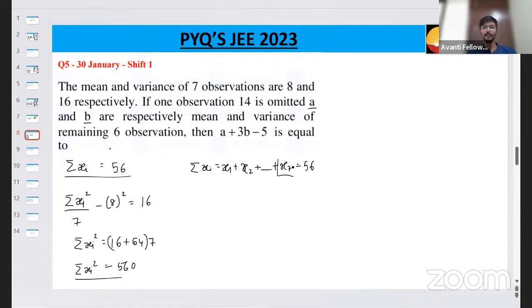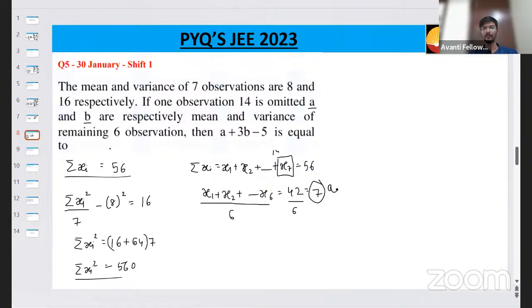One of the observations, which is 14, is omitted. So we'll get x1 plus x2 plus up to x6 is equal to 52 minus 14, which is 42. Then the mean will be this upon 6, 42 upon 6, so 7.